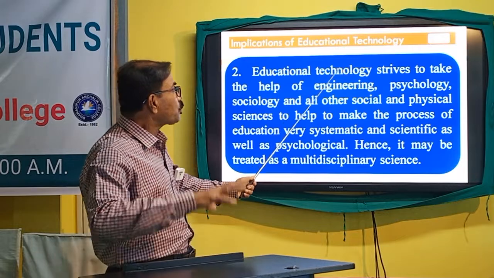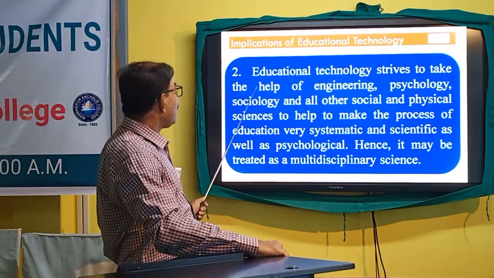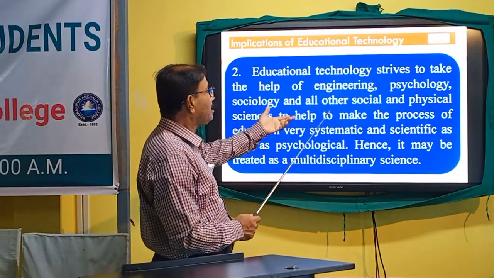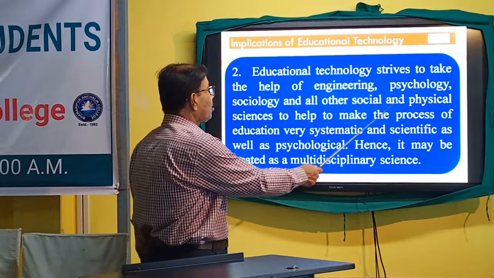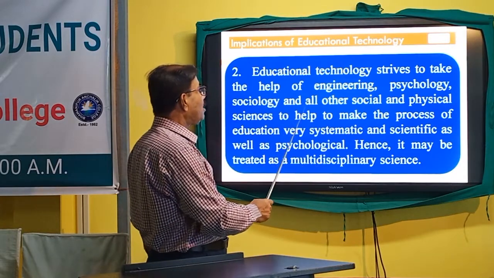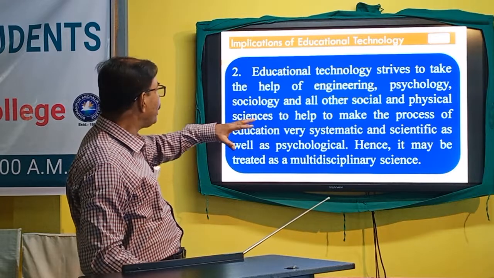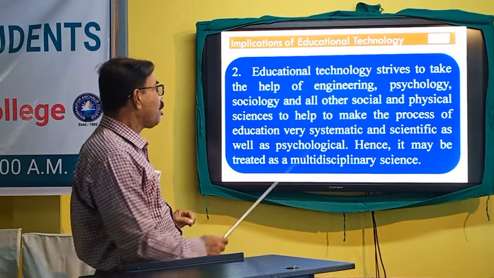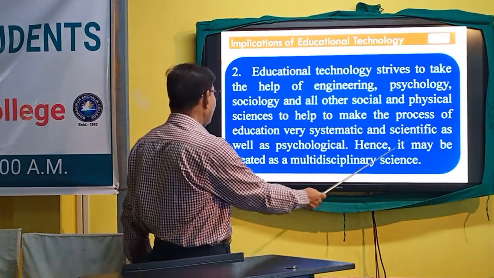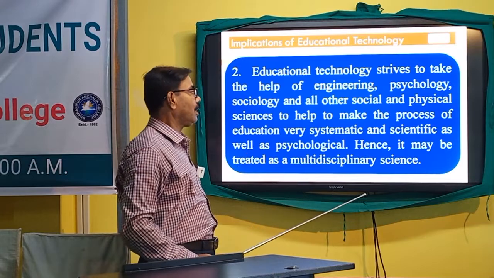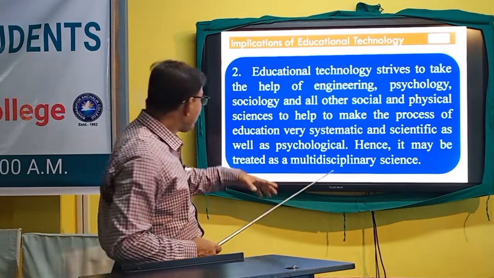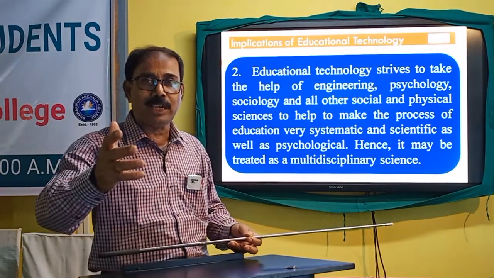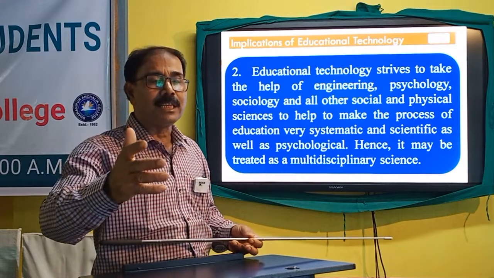Educational technology strives to take the help of engineering, psychology, sociology, and all other social and physical sciences to make the process of education systematic, scientific as well as psychological. Hence, it may be treated as a multidisciplinary science about multi-skill learning or education.